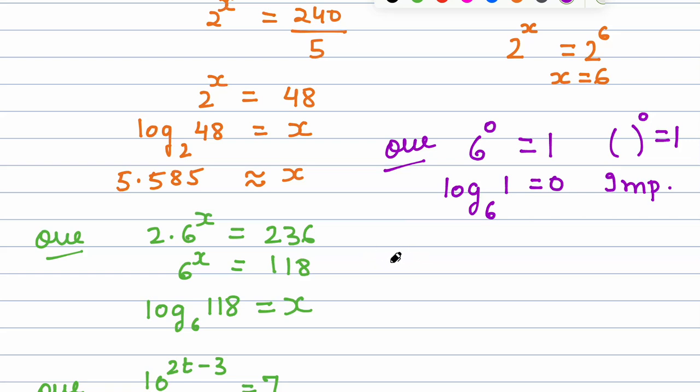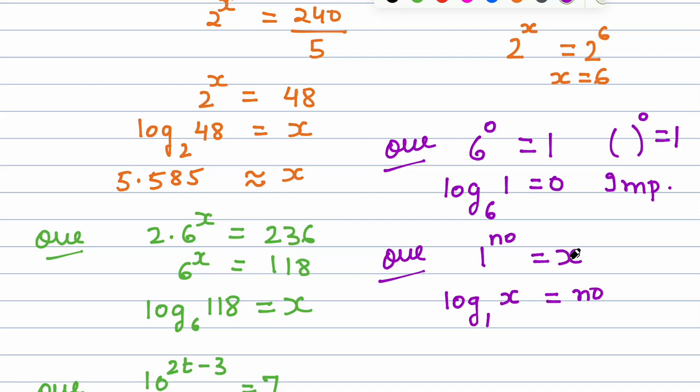Now let's do one more result. If I write 1 to the power of literally any number, what do you think it is? It will be 1, right? So 1 raised to any number is equal to 1. Now I am writing log base 1 of x is equal to whatever that number is. Do you think the base can be 1?